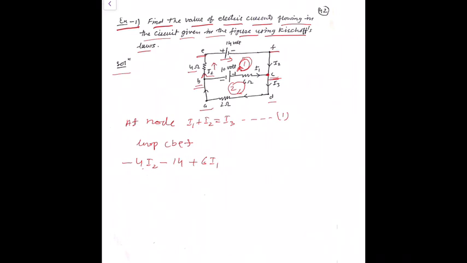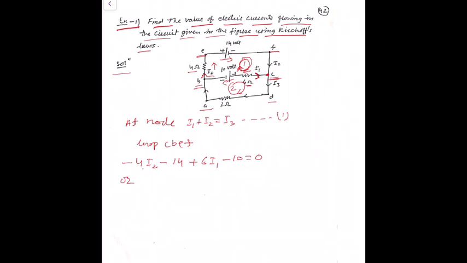Here the resistance is 6. The current I1 in this branch is in this direction and the traversal direction is opposite, so plus 6 I1. And in the 10 volt cell, the direction of traversal is from positive to negative, so minus 10 is equal to 0.